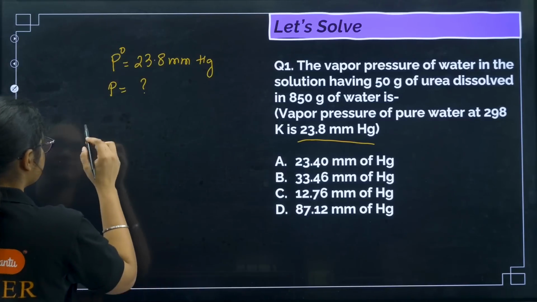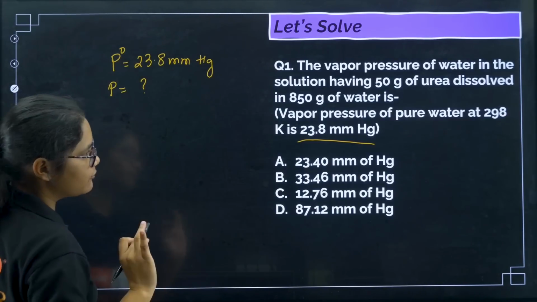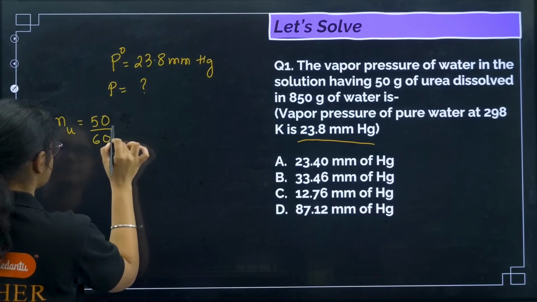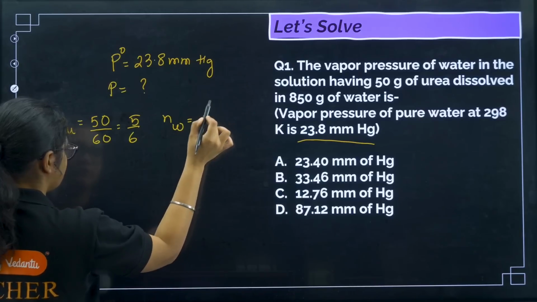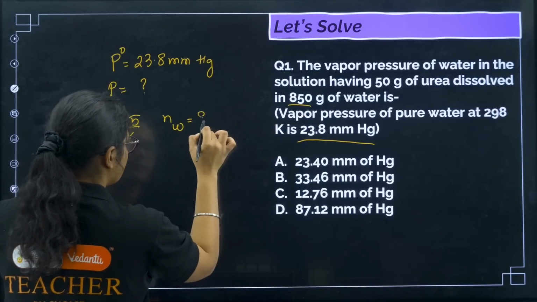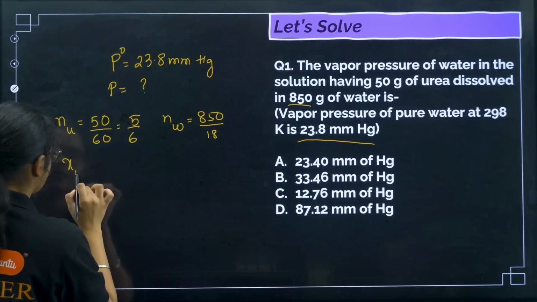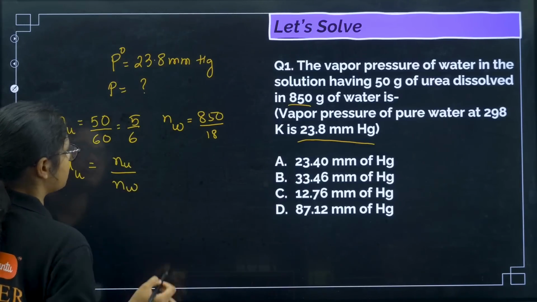Now let us see first the number of moles of urea. That is the given mass by molar mass. So 50 gram by 60 gram, or I can just simply write 5 by 6 here. And what is the number of moles of water? Given mass by molar mass, 850 by 18. Now if I want to calculate the mole fraction of urea, it is equal to the number of moles of urea by the number of moles of water.